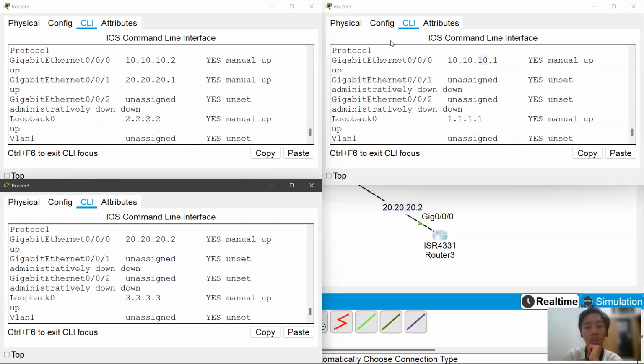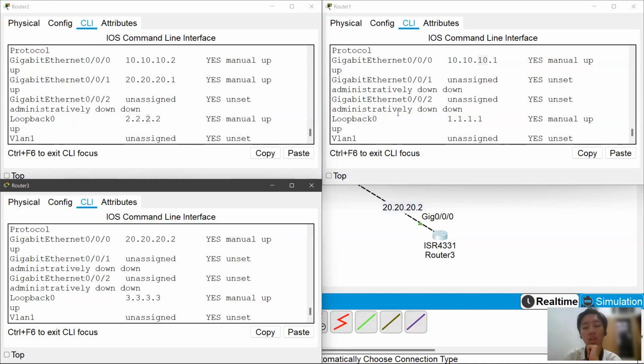Okay, so between interface gig 0/0/0/0 in router 1 and interface gig in router 2, the interface can connect, but if router 1 wants to ping the loopback in router 2, it cannot, because router 1 doesn't know the network of the loopback in router 2.